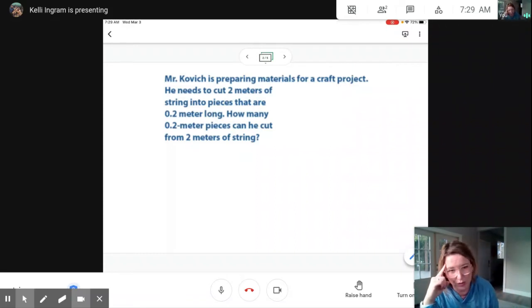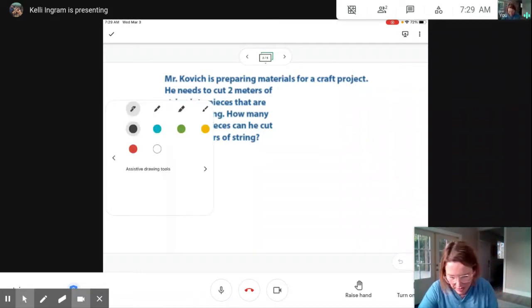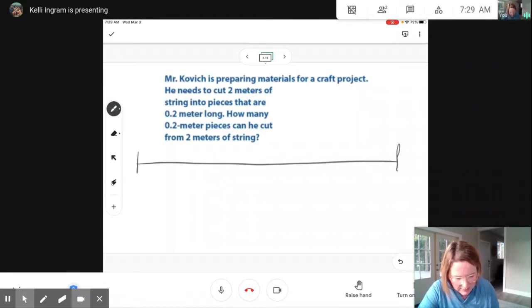In fact, let's draw a picture here, because sometimes pictures are super helpful, especially as we're starting to understand what's going on in the math. So this whole string is 2 meters long. We'll make a mark in the middle that shows that's where 1 meter is, right? So that whole thing is 2 meters.